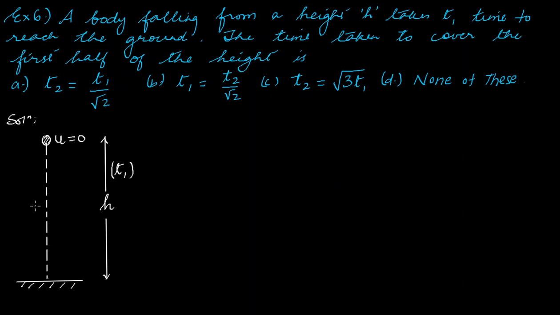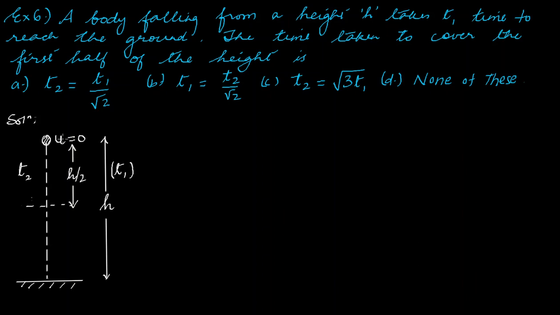So first half of the height, this distance from here till here is h by 2. Let's say it takes time T2 to cover this. Now do we need to find the value of V1? I think this is not necessary.